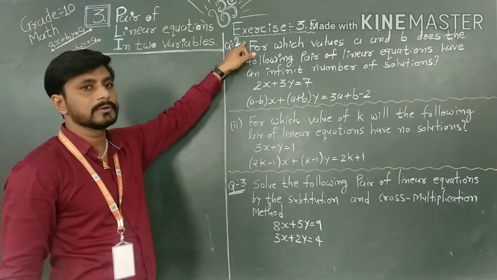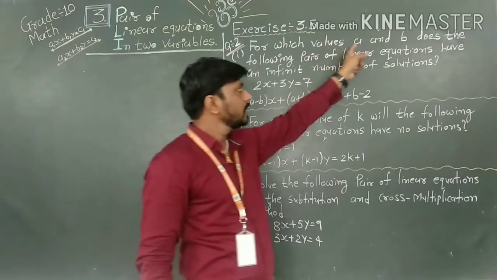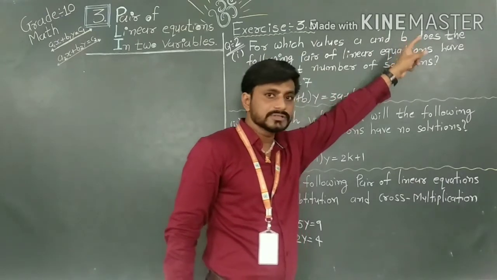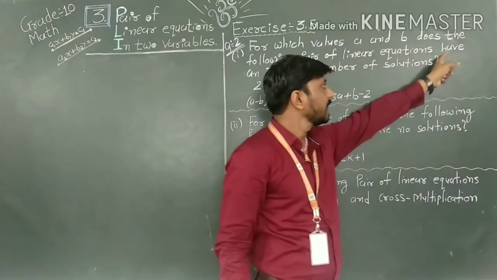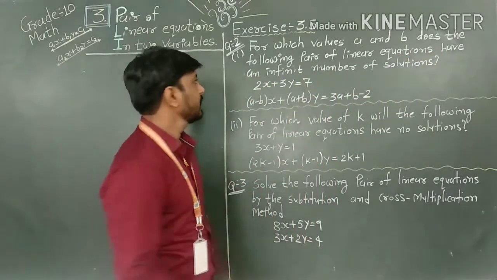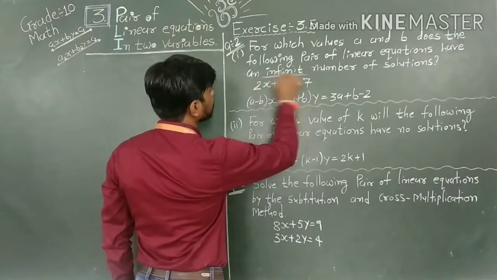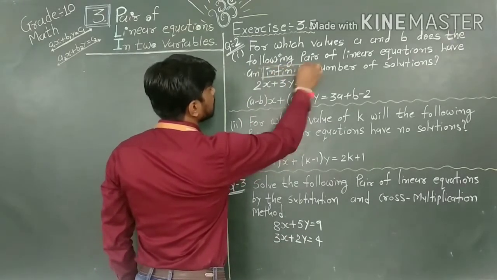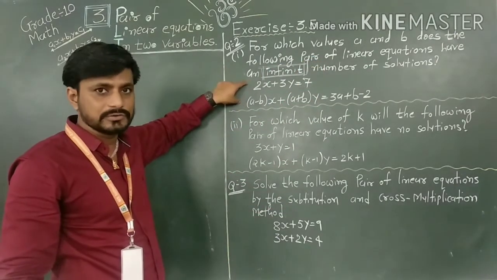What is question number 2? For which values of a and b does the following pair of linear equations have infinitely many solutions? Here, infinitely many solutions means these two equations have infinitely many solutions.